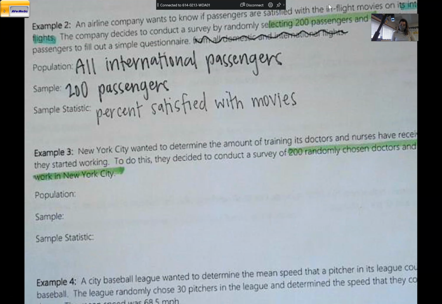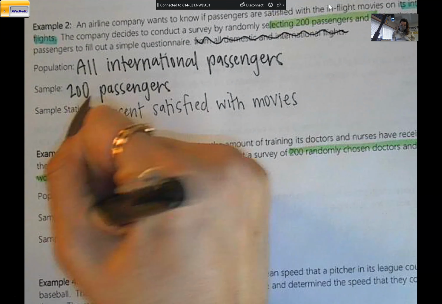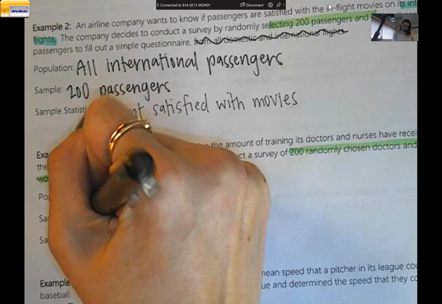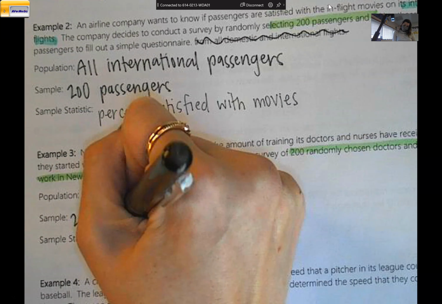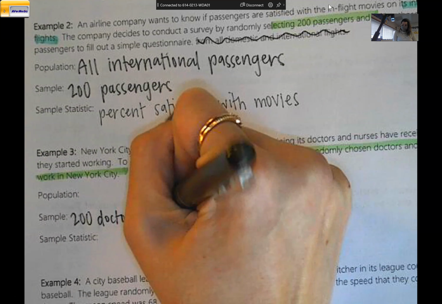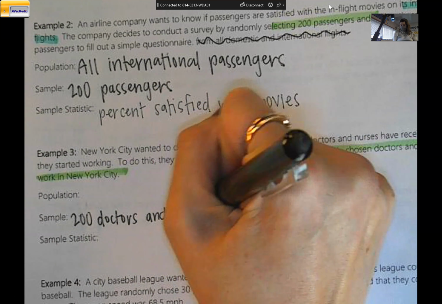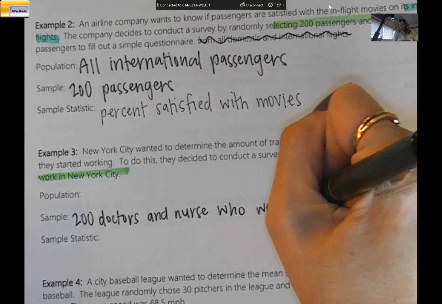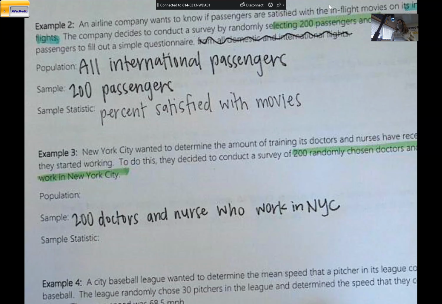So sample, 200 doctors and nurses who work in NYC.